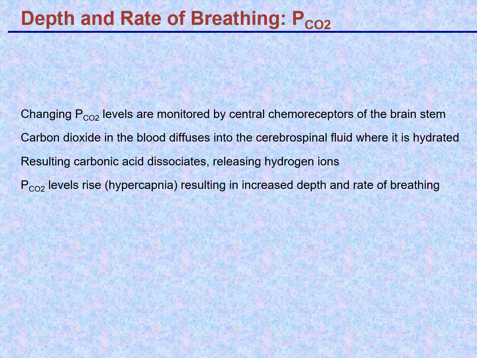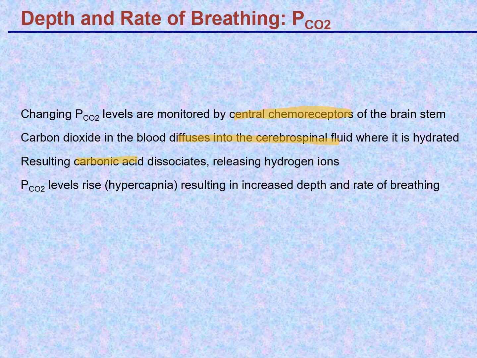If you have more CO2 in your bloodstream, it will diffuse into the cerebrospinal fluid and will end up forming carbonic acid and then dissociating to hydrogen ions, just like in the equation I talked about earlier. So that will be detected by the central chemoreceptors. I've already talked about this process when I went through the diagram with you.